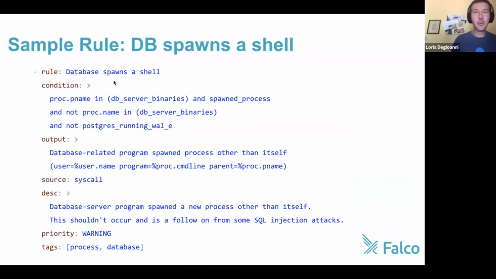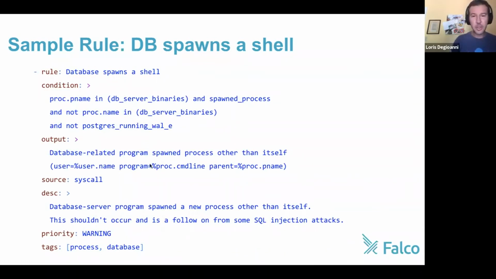An example is a database spawning a shell. This is the condition: process name in database binaries, and process is spawned, and the process name is not one of the processes that you would expect.